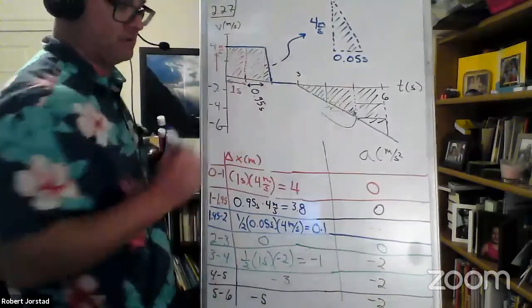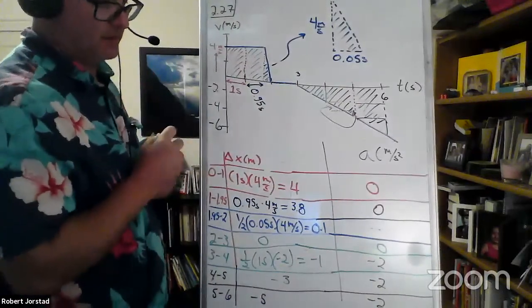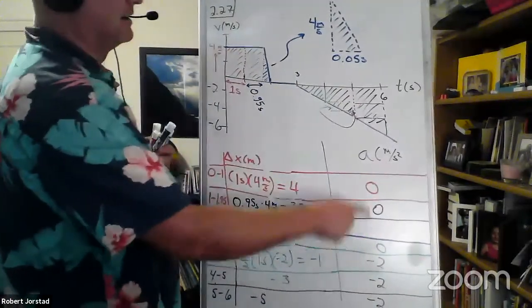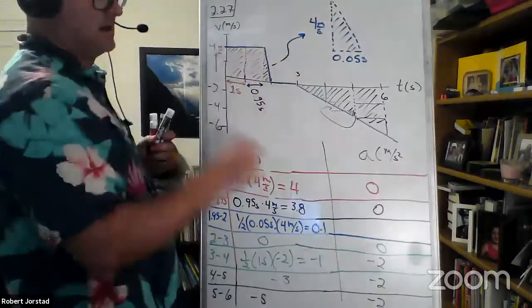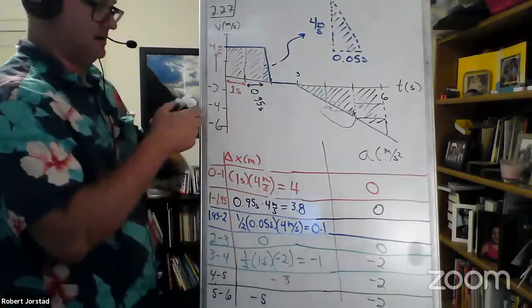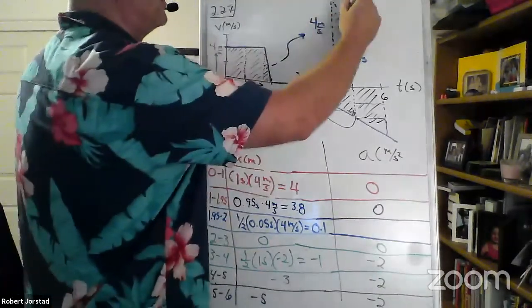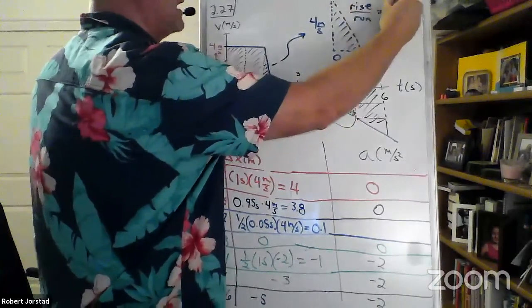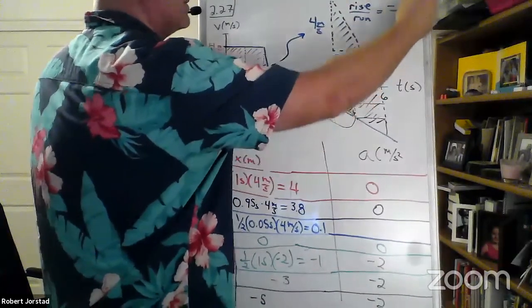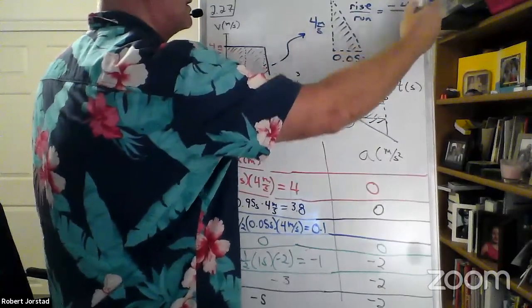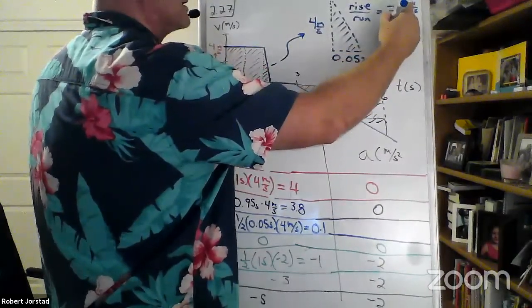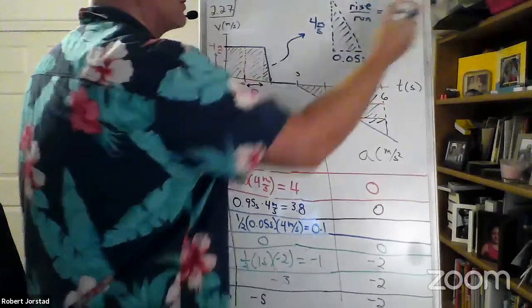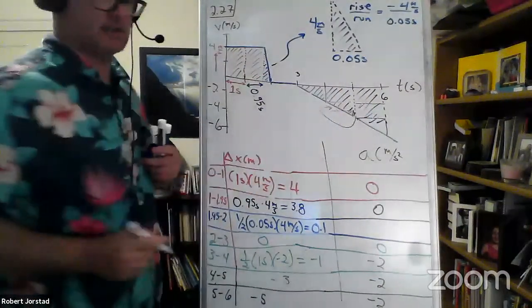Right? Same slope. Then there's only one tricky region right here. Well, the slope right here would be -4 meters per second divided by 0.05 seconds. What are the units? Meters per second squared.